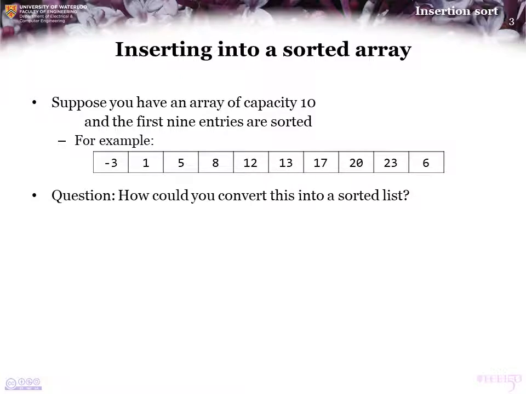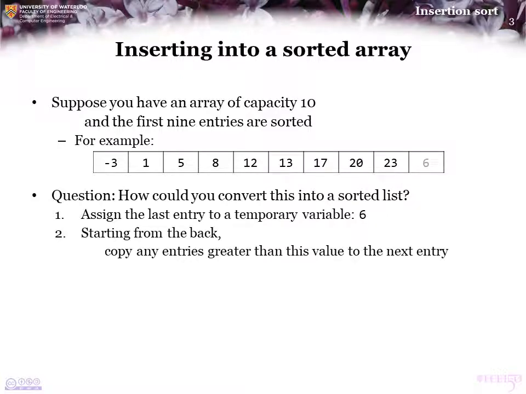Well, one possibility would be to assign the last entry there to a local temporary variable. So now we're storing 6 in some temporary variable. The next step would be, starting from the back, copy to the right any entries that are greater than this temporary variable. That is, copy any value over that is greater than 6.